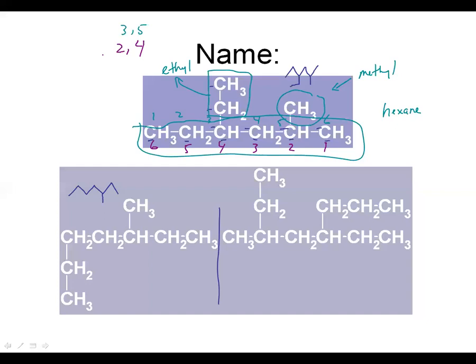So again, let's not mess this up this time here. The 2 goes with the methyl and the 4 goes with the ethyl. And we are going to put it in alphabetical order here. So putting that together is going to give us 4-ethyl, 2-methyl, and then our hexane. Any questions on that name there?